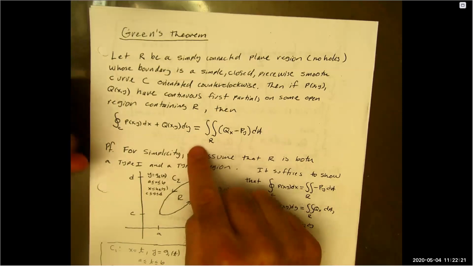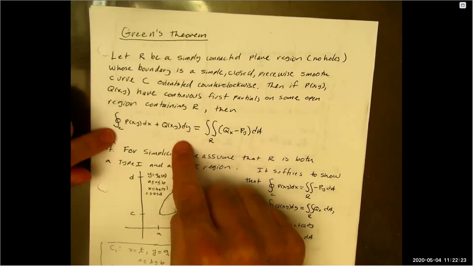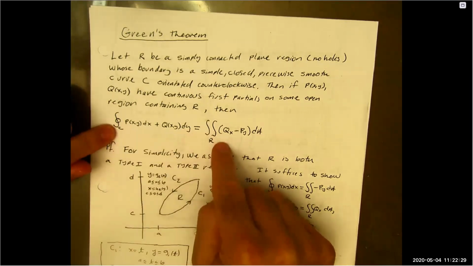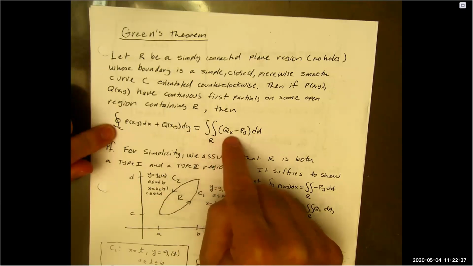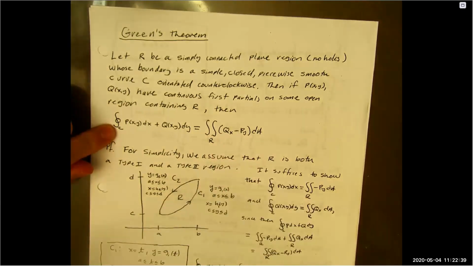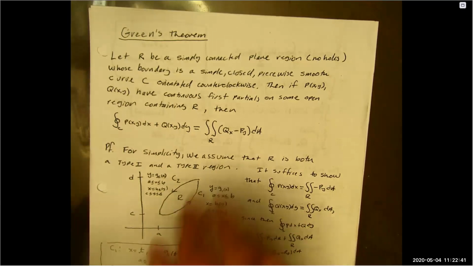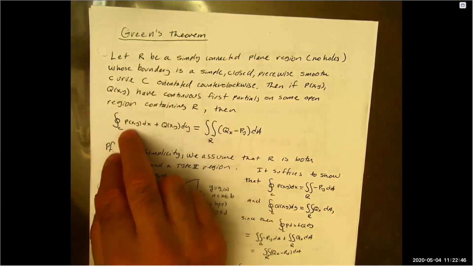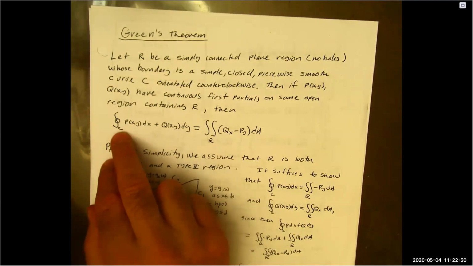So what Green's theorem does is it turns a line integral over a closed curve into a chapter 15 double integral, where we're just integrating over this region R the Qx minus Py dA. And one thing to remember, a lot of this may seem kind of technical, but the thing to keep in mind is that Green's theorem will only work when we have a closed curve.